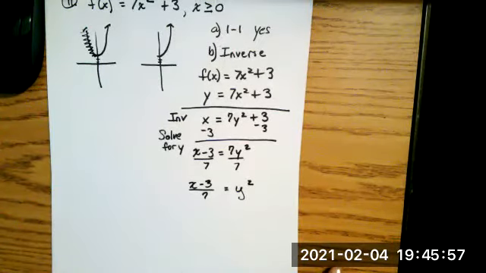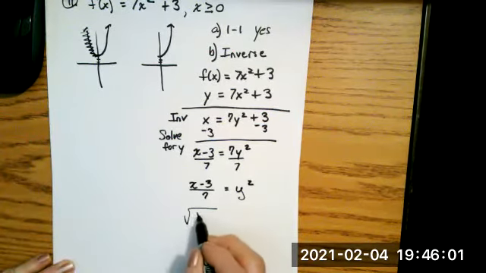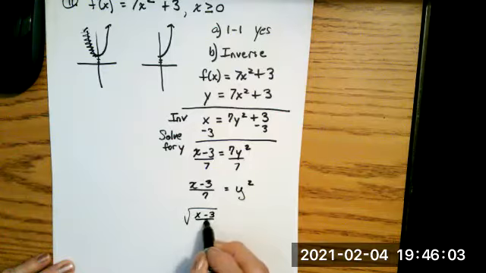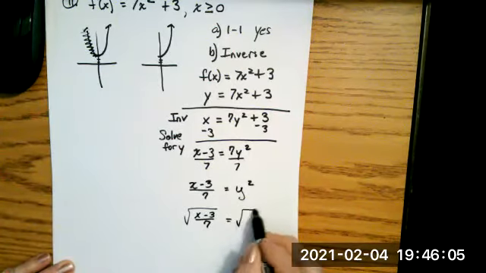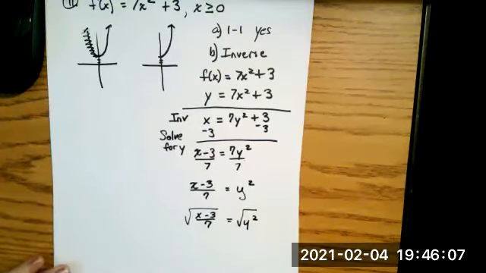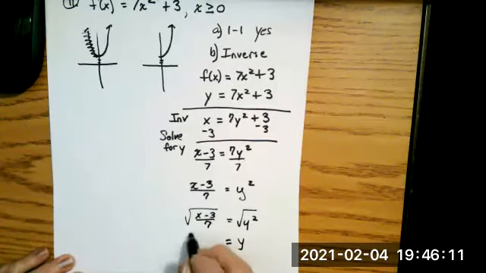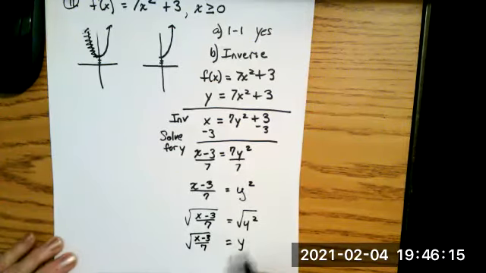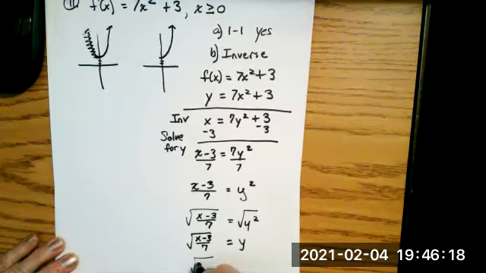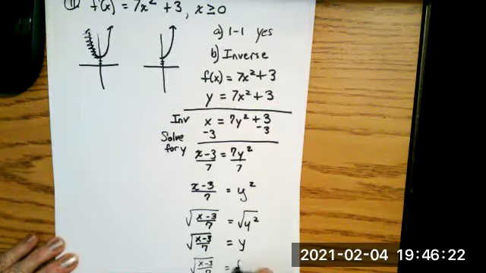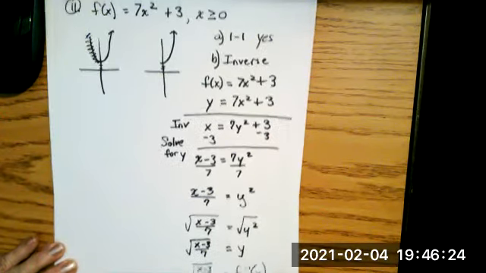Now to undo that square on that y, I will take the square root of both sides. The square root of y squared is just plain old y. And over here, I'll have the square root of x minus 3 over 7. And so the square root of x minus 3 over 7 is f inverse.